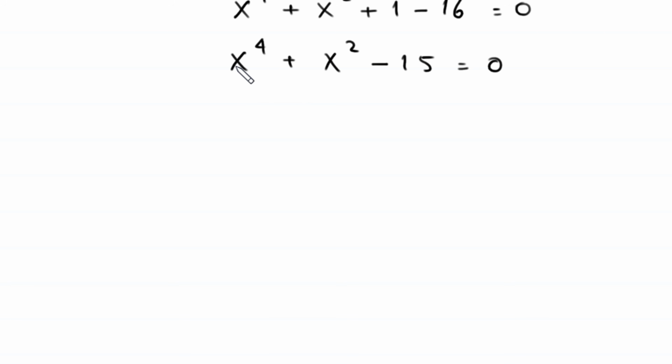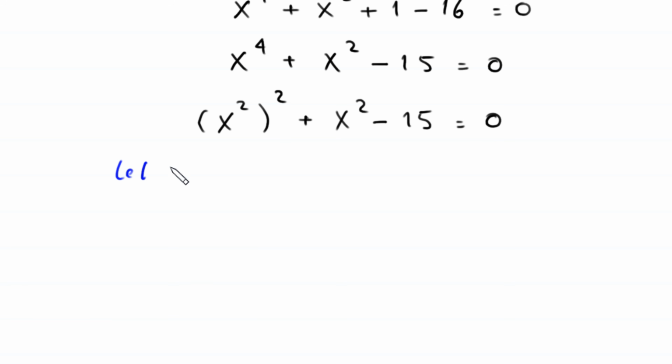Now we can write this x to the power 4 as x squared whole squared, plus x squared minus 15 equal to 0.